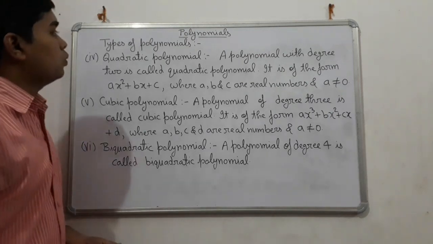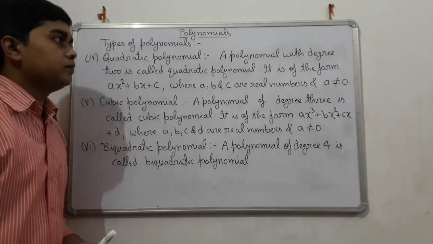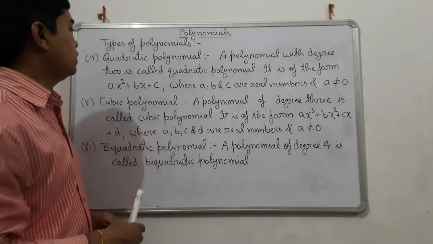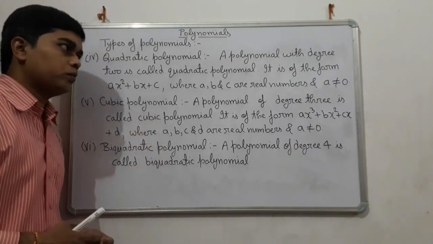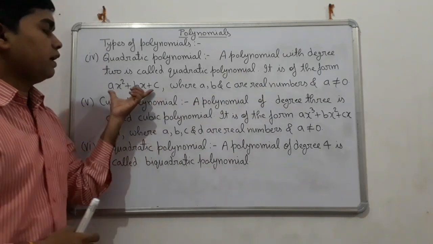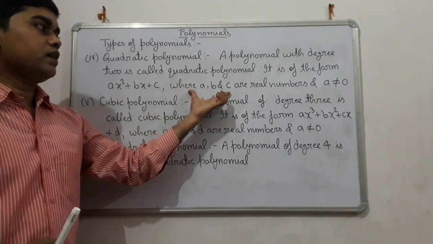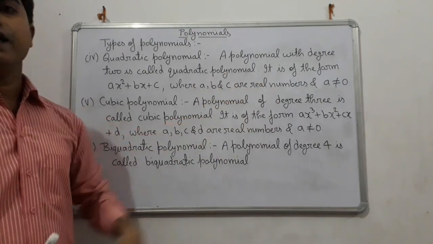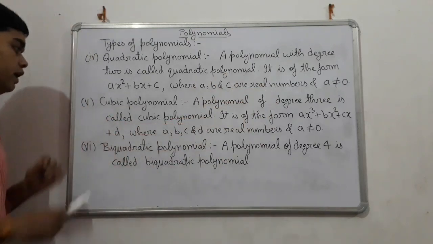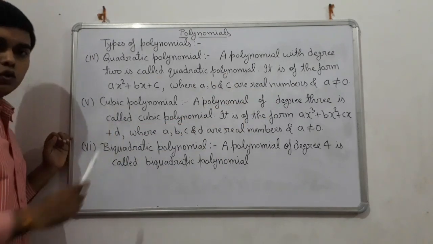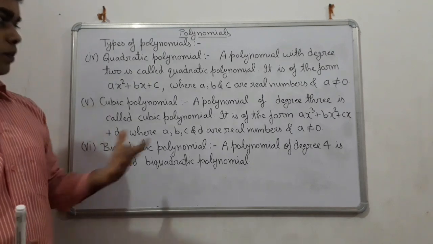Children, see now what is a quadratic polynomial? A polynomial with degree 2 is called a quadratic polynomial. It is of the form ax square plus bx plus c, where a, b and c are real numbers and a should not equal 0. And after that we have a cubic polynomial. So what is a cubic polynomial?